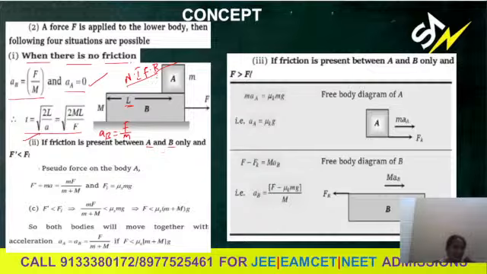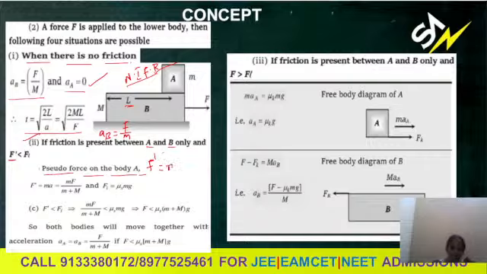In non-inertial frames, a pseudo force F dash will act on body A, which is equal in magnitude to the applied force and acts in the opposite direction.